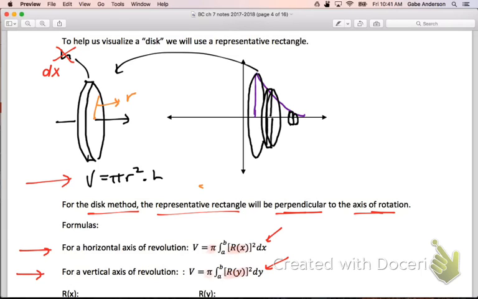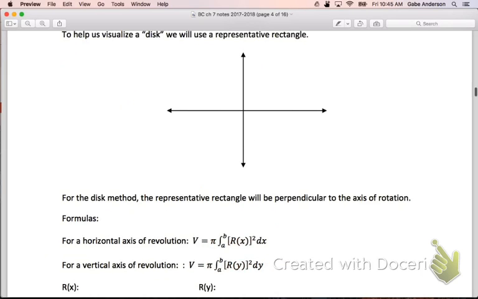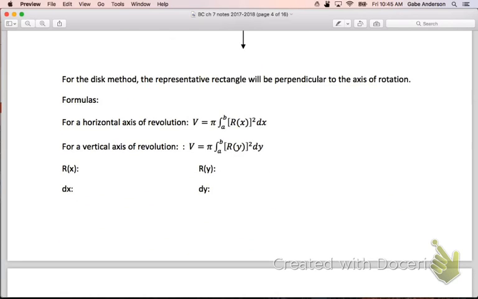They've pulled the pi out of the integral because it is a constant multiple. Of course, that's okay. But it really is simply just pi r squared times dx, or pi r squared times dy. In order to get this, we accumulate along the region that we're interested in, and we'll get the volume. So in both cases, the r stands for radius.